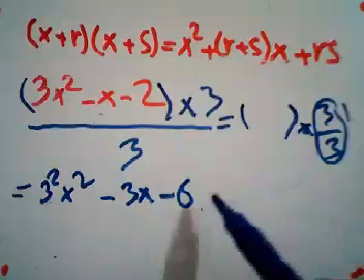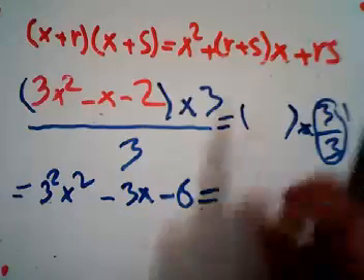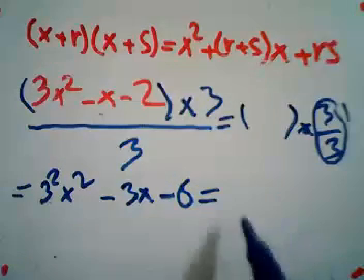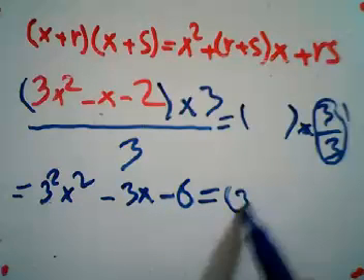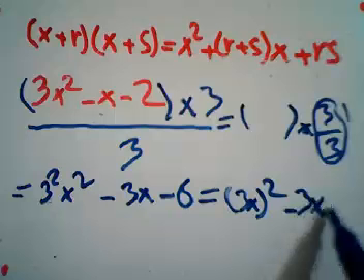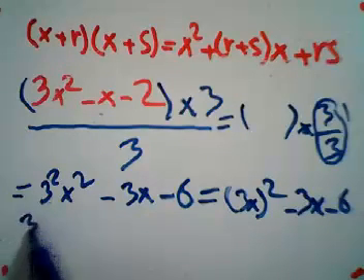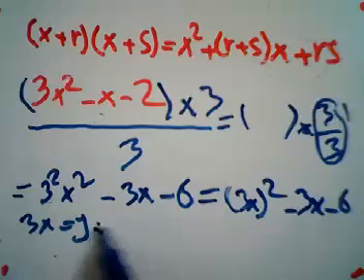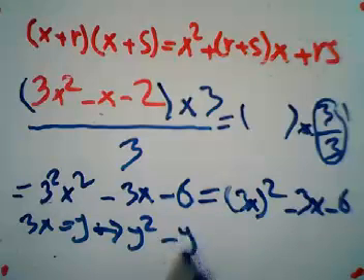Okay, and now we could do it like that example in the previous video by writing it as 3x the whole thing squared minus 3x minus 6, and now let's take 3x to be equal to y, so this would be equal to y squared minus y minus 6.